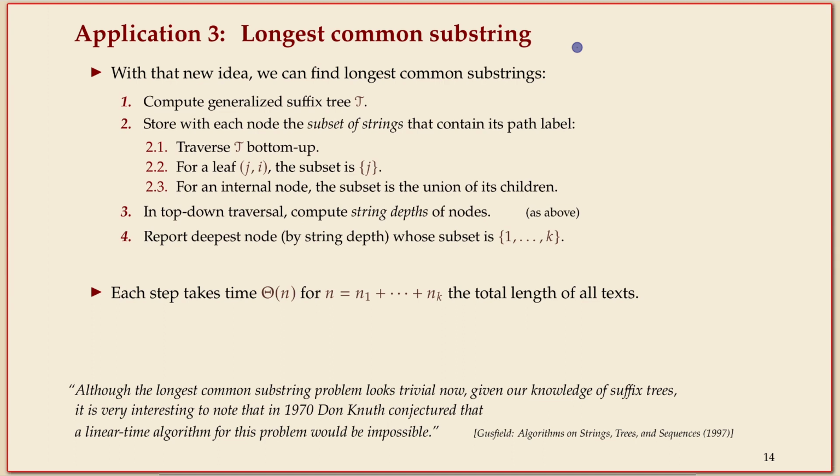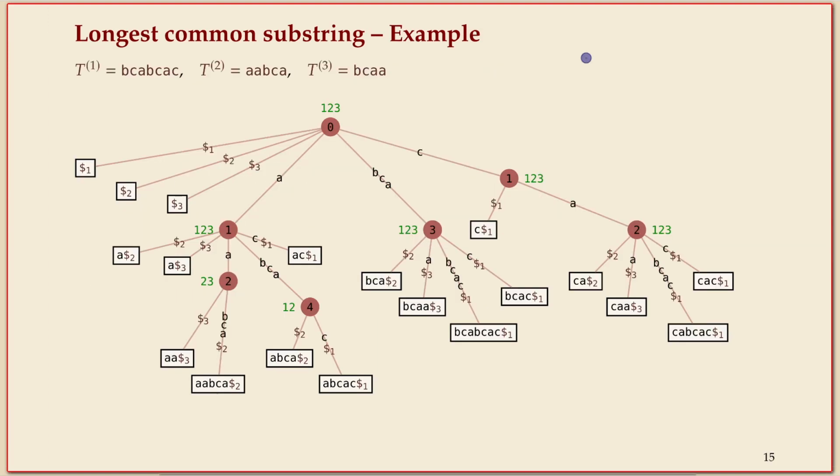So how do we do the longest common substrings with this? Let me show the example. Maybe the algorithm we don't have time to discuss in detail. That's the generalized suffix tree for these 3 strings that we've just seen in the example. And so you see all the suffixes of all the strings must be there.